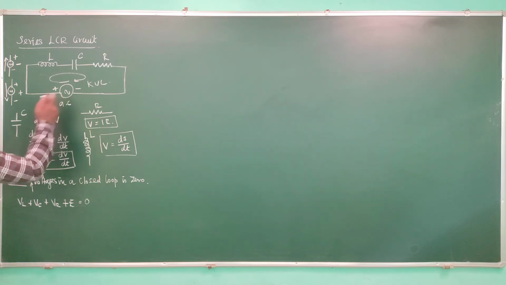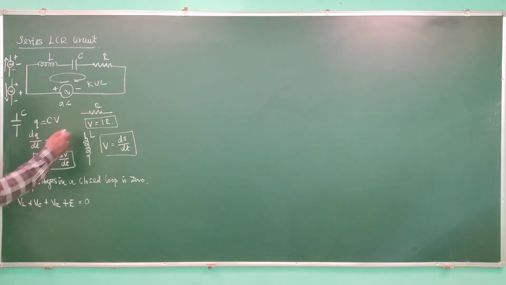It is an AC voltage source, so we can write it as E, which is equal to 0. Now we can substitute these relations.